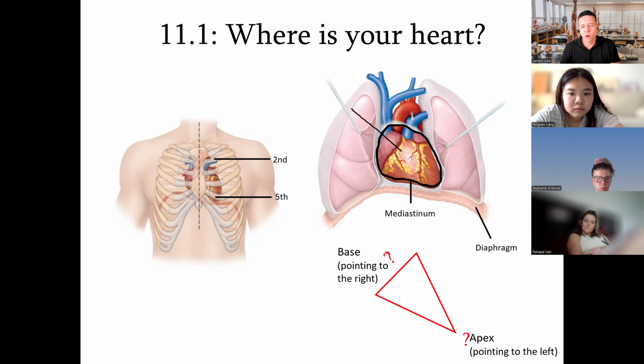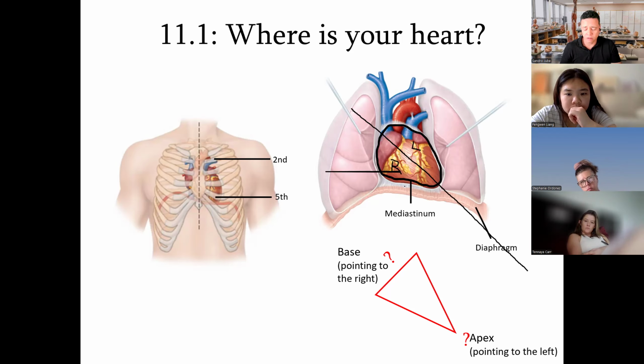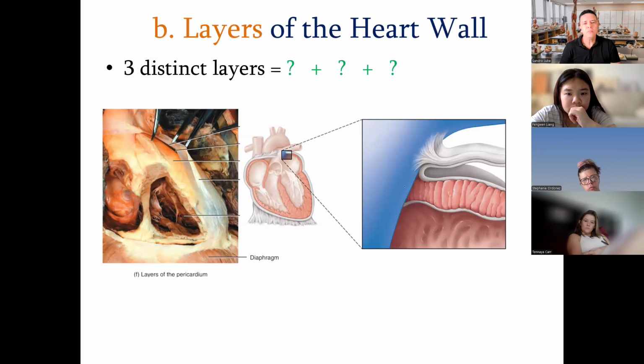The line is going to go through the interventricular wall. We're going to talk more about it. And then the line is going to exit through the apex of it, right there. So this is the left side of the heart. This is the right side. We need that information. Okay?